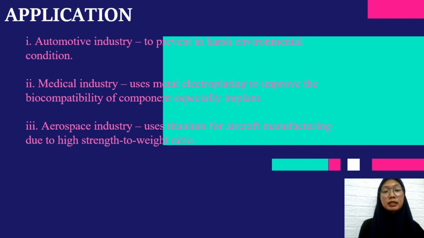Second is the medical industry. The medical equipment industry often uses metal electroplating to improve the biocompatibility of components, especially implants. Lastly is the aerospace industry. The aerospace industry frequently uses titanium for aircraft manufacturing due to its high strength to weight ratio.